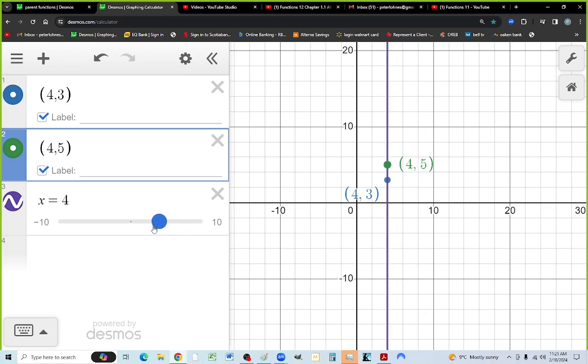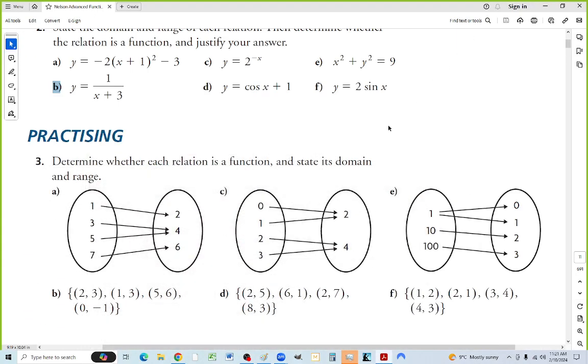No. They've both got an x of 4. The 4 repeats. It leads to 2 different y's, but the 4 repeats, so it will not pass the vertical line test. So if the x repeats, it's not going to pass the vertical line test. If the x doesn't repeat, it will. And that's a faster way of memorizing it.